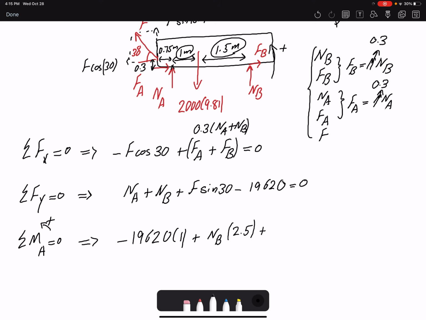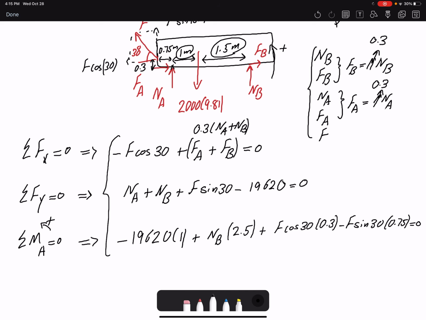The horizontal component is going to create a positive moment, so F cosine 30 would be positive, the moment arm would be 0.3, and the vertical component is creating a negative moment. The magnitude is F sine 30, and the moment arm is 0.75, equals 0.